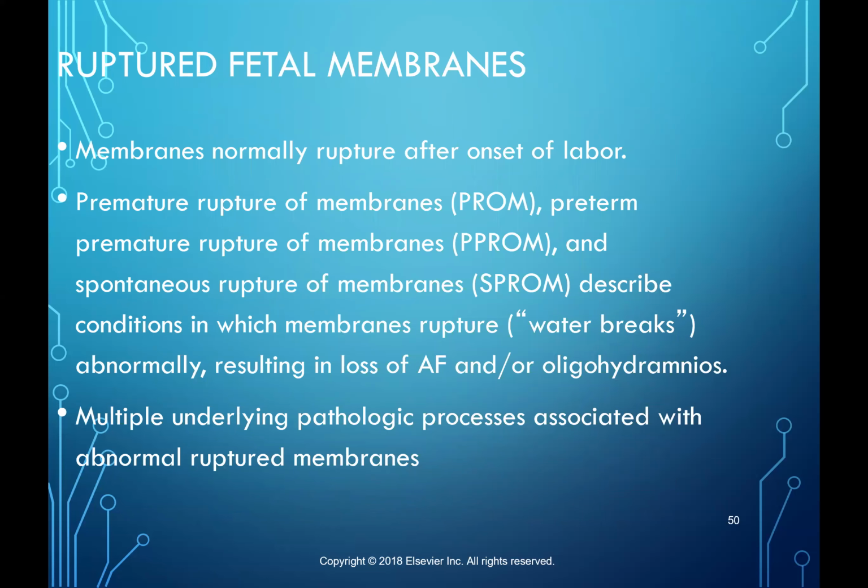Okay, so have you guys heard of ruptured fetal membranes? Probably not that, but you have heard of water breaking, right? Like the mom's water breaks. So basically the membranes normally rupture after onset of labor.